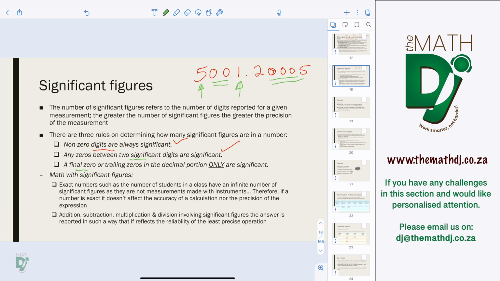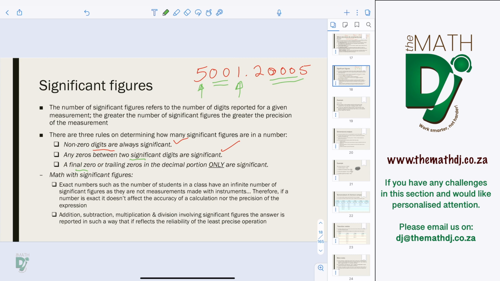Significant figures are correlated to the accuracy or tolerance that an instrument can give. For example, if you are using a normal ruler, the significance can be limited to the nearest millimeter.